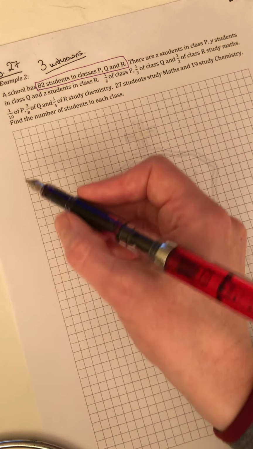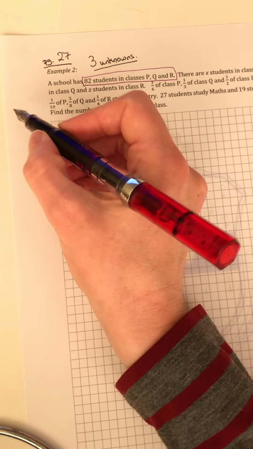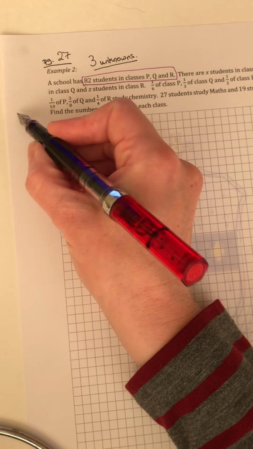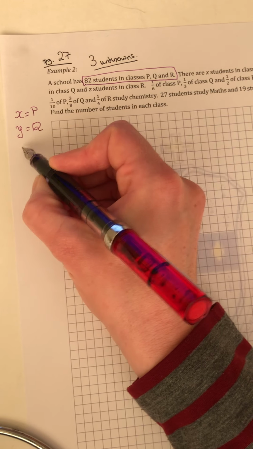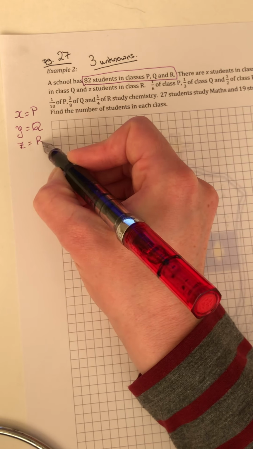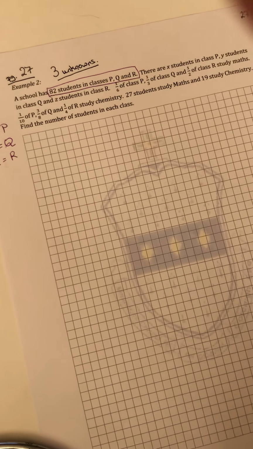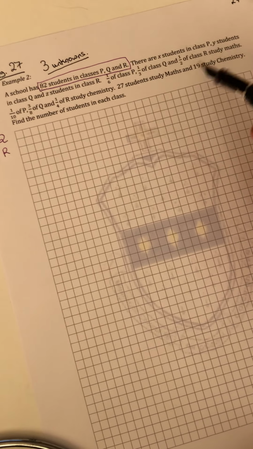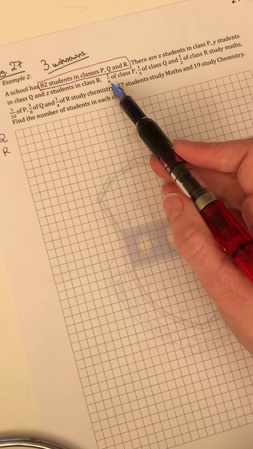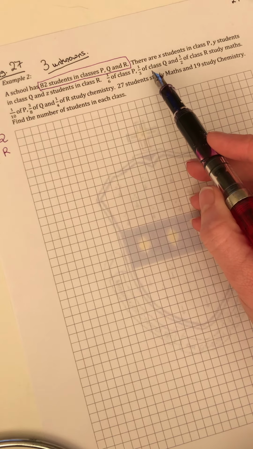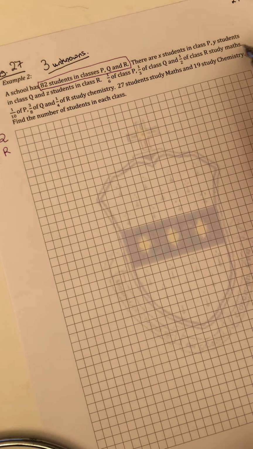So just to make that nice and clear for ourselves, we might make a quick little note to the side that X are the students in P, Y are the students in Q, and Z are the students in R. Okay. So the next piece of information they give us is that 1/6 of class P, 1/3 of class Q, and 1/2 of class R study maths.